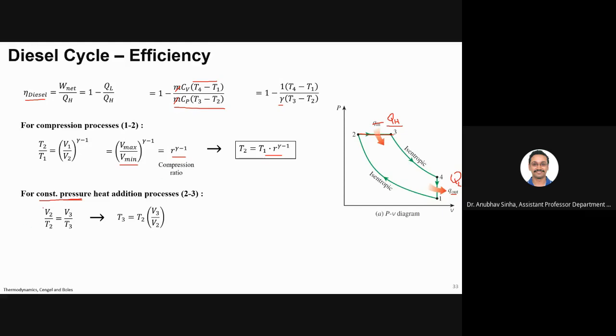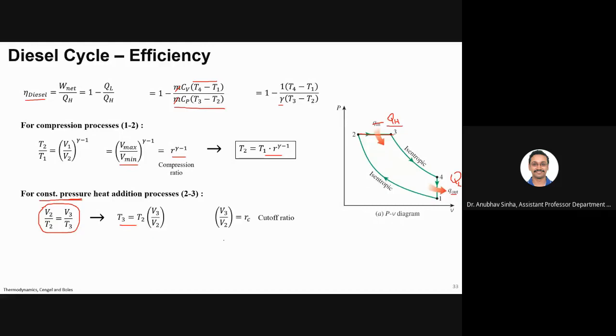Now using this, I can say that T3 is equal to T2 into, basically we have just rearranged. T3 will go that side and these two will come this side. So we have T2 into V3 by V2.